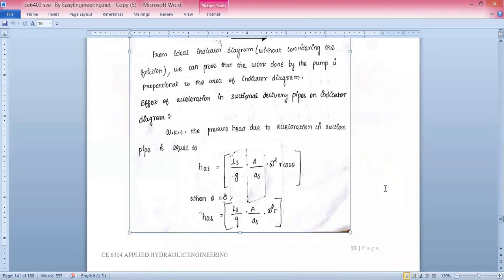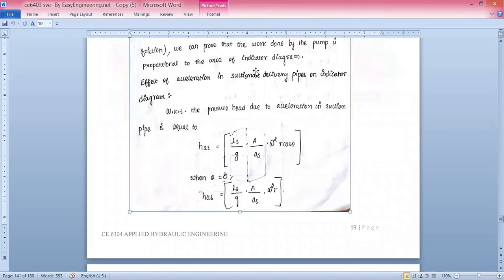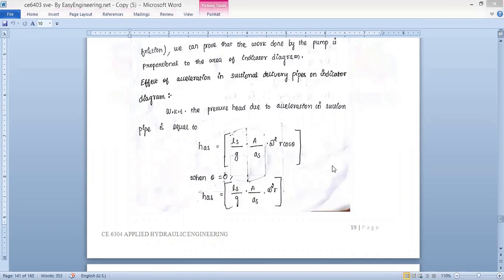So we have some equations. The pressure head due to acceleration in the suction pipe is h_as equals Ls upon g into A upon As into omega square r cos theta.